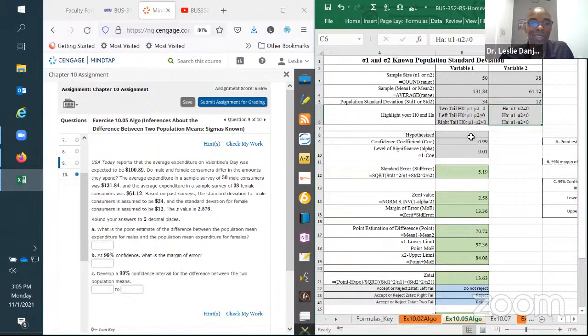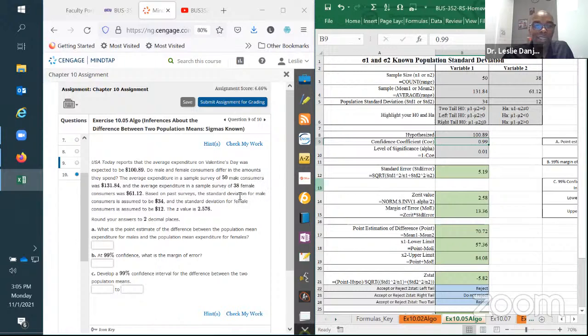All right, so let's do this. The expenditure in this one, and this is a good example of when it's not zero, I believe the hypothesized value in this case is 189. Now we're checking to see.